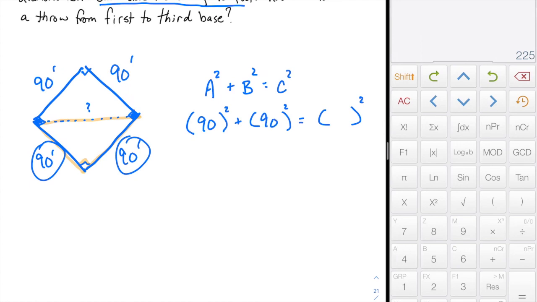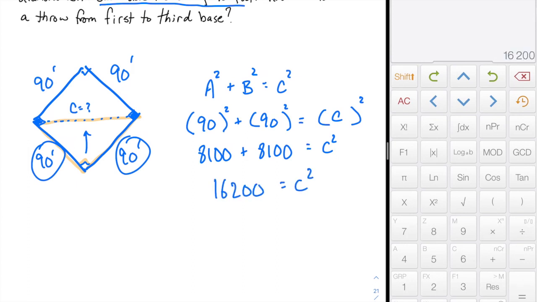And c is the thing that I don't know, right? c is my hypotenuse. c, remember, is always across from the 90-degree angle. So 90 squared is really just 9 times 9 with 2 zeros, so 8100. And again, 9 times 9, 8100. And c squared. Now 8100 and 8100 is 8100 times 2 is 16200.